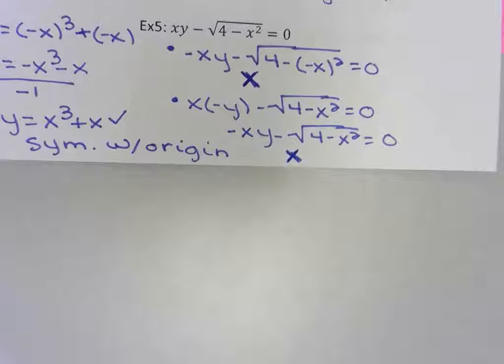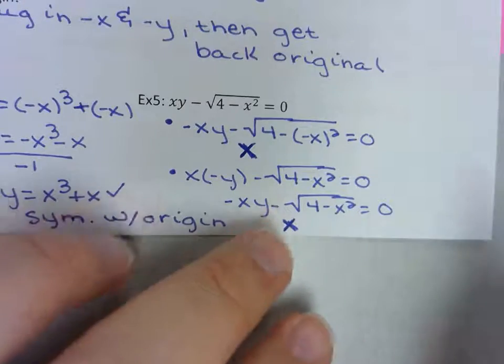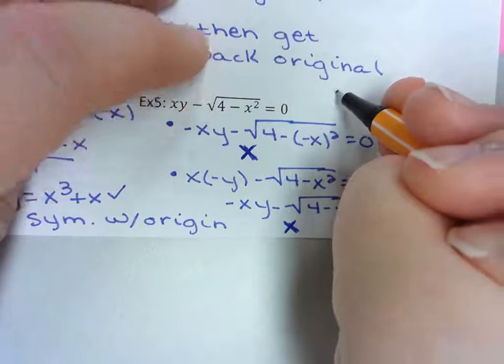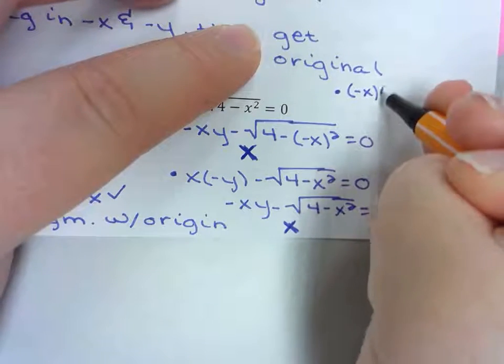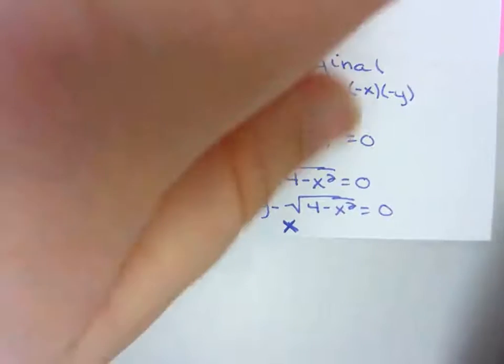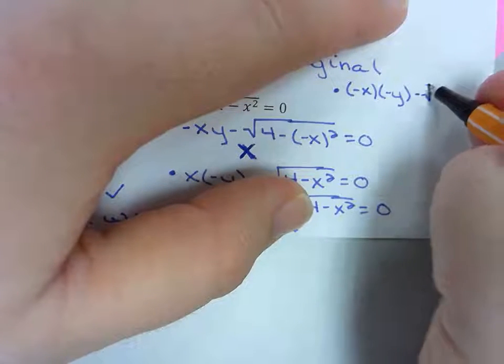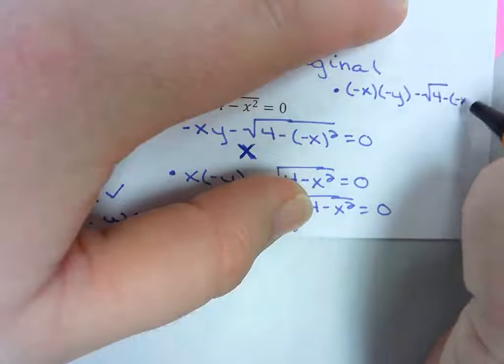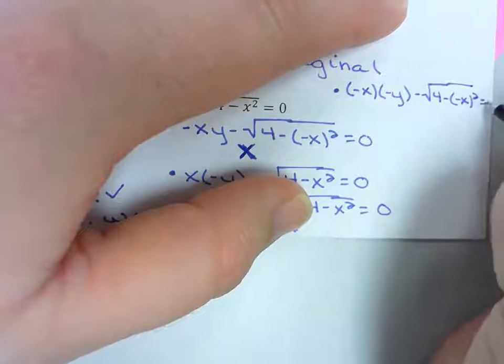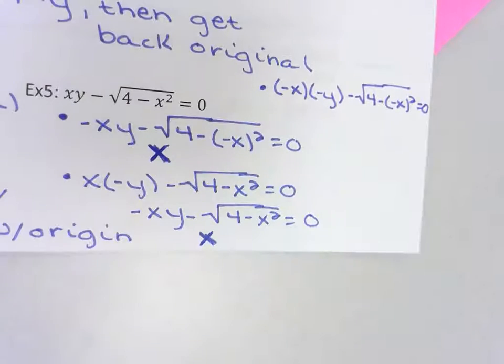So then let's go ahead and plug in a negative for x and y and see if I get back the original. So negative x times negative y minus the square root of 4 minus negative x squared equals 0. Now let's do some simplification.